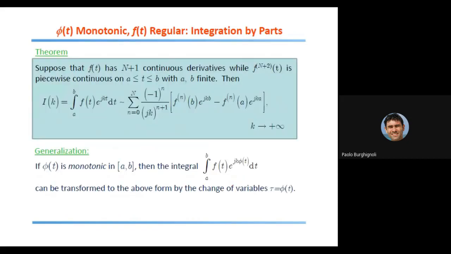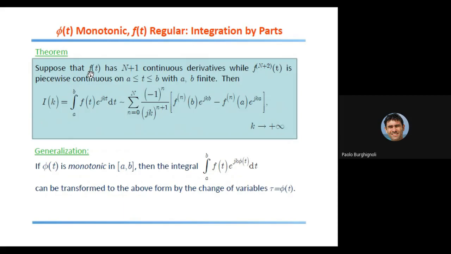If the function phi is monotonic and the function f is regular, we can proceed exactly as for Laplace integrals. So we can integrate by parts, and we can do that a number of times. That depends on the smoothness of the function f.